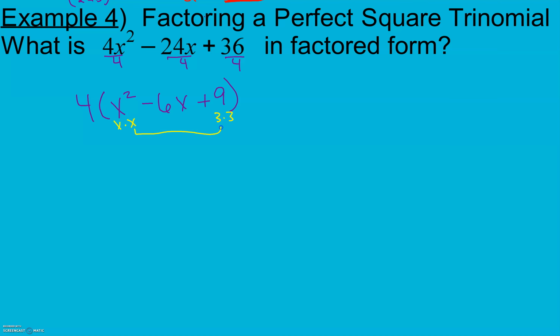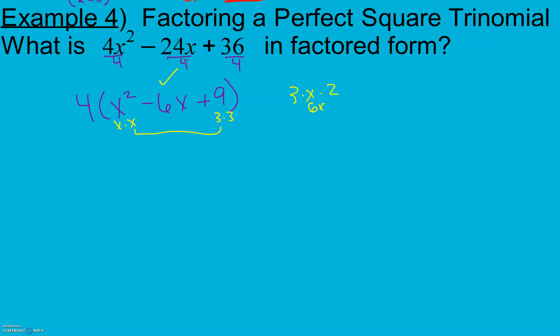So if I multiply two of these together and double it, it matches my middle. So this is a perfect square trinomial. What that means is I can take one of my factors and my other factor from the back with my sign in the middle. So this is 4 times x minus 3 squared.